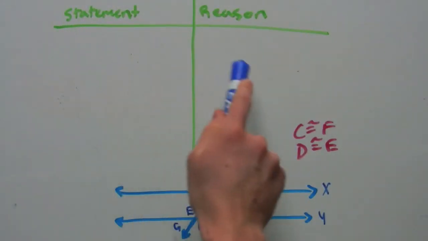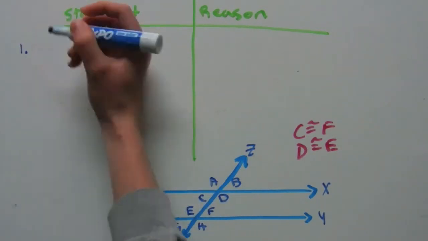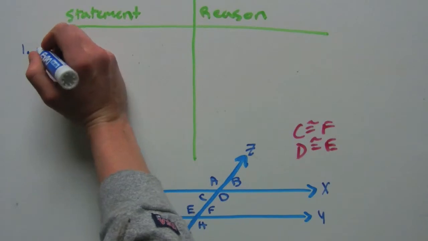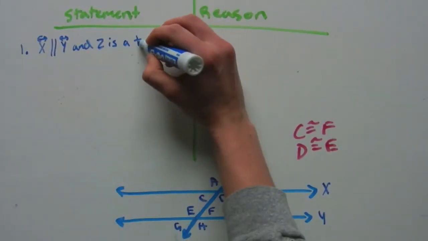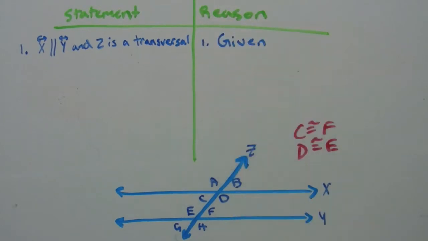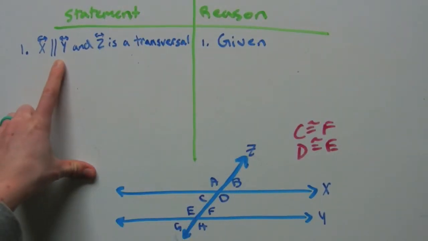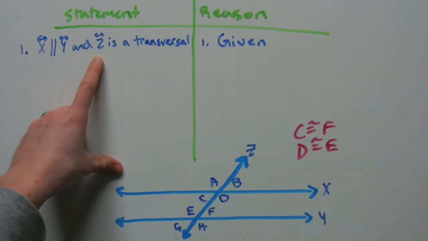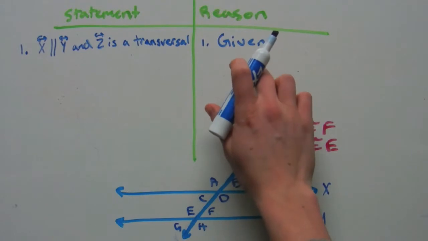We have our statement and reason column, and we're going to start with what is given. We have that line X is parallel to line Y, and line Z is a transversal. And that is given.